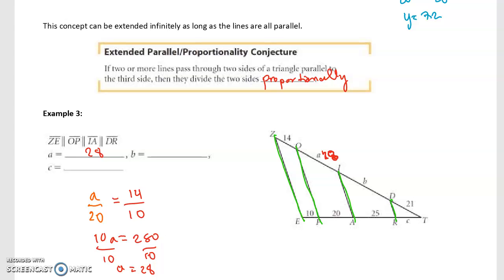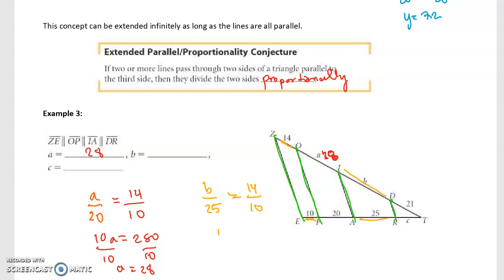Now, to find B, it's kind of our choice here. We have to have B and 25. If we want, we can pick the 14 and the 10 again, or we can pick the 28 and the 20. It doesn't matter, we're actually going to get the same answer regardless of what we do. So I'm going to go ahead and pick the 14 and the 10 again, just because they're nice and small numbers to work with.